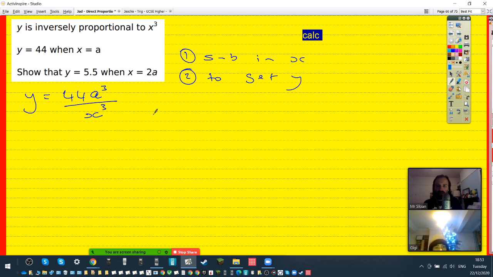So sub in the x value. a cubed. Oh, y equals 2a. y equals 44a cubed over 2a. Something's missing. 2a cubed. Yeah.